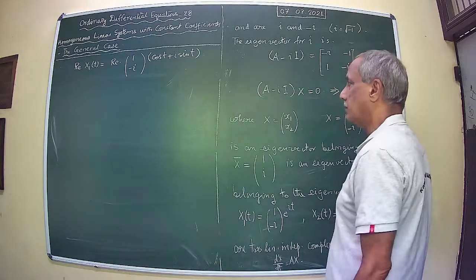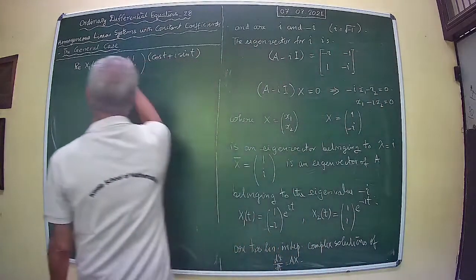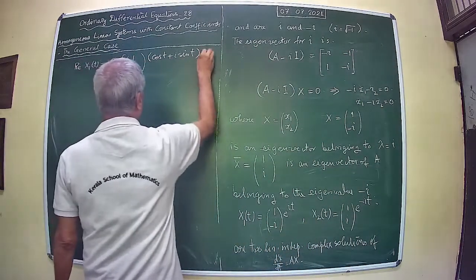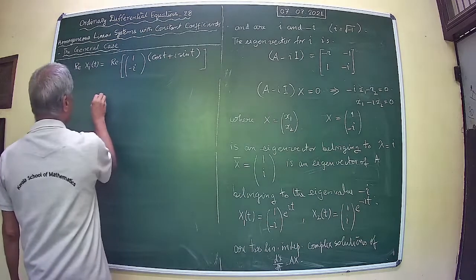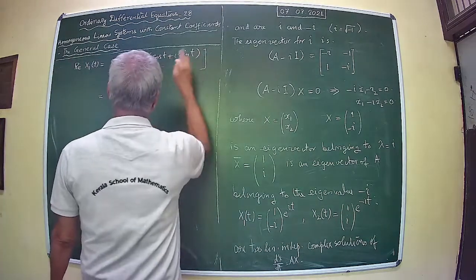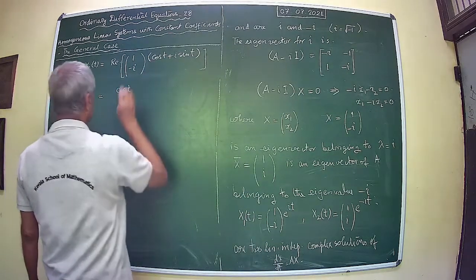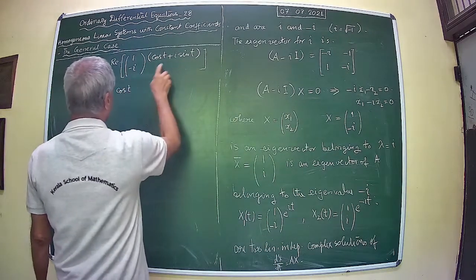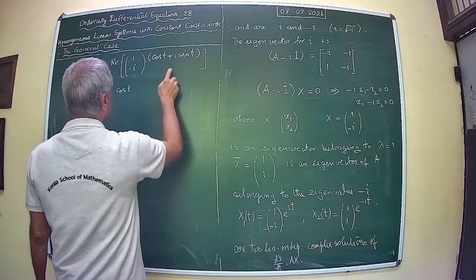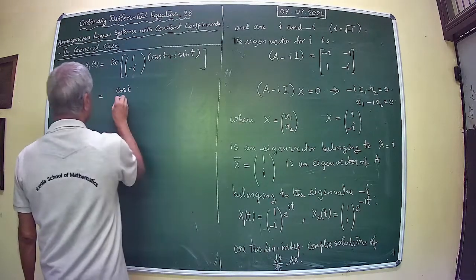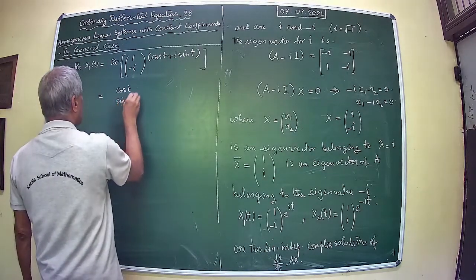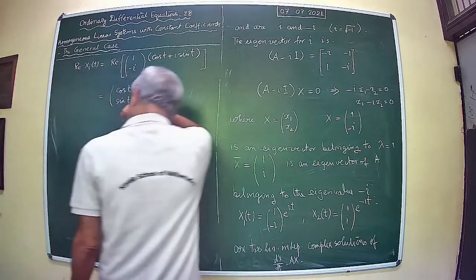Let us write down the real part of this. This is the vector given by cos t, sin t.